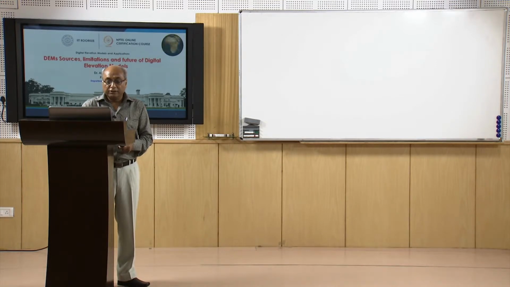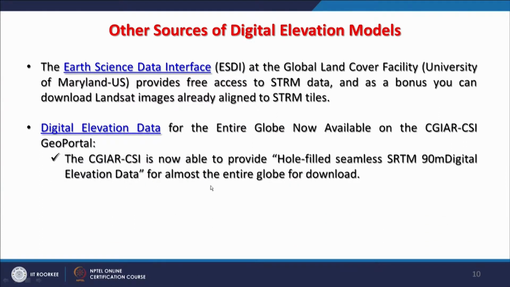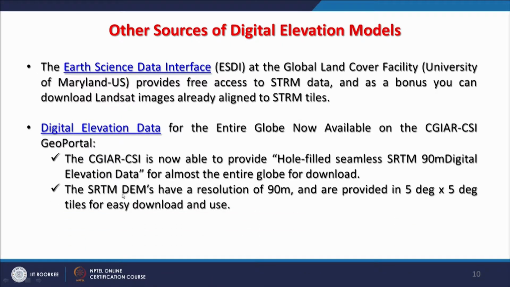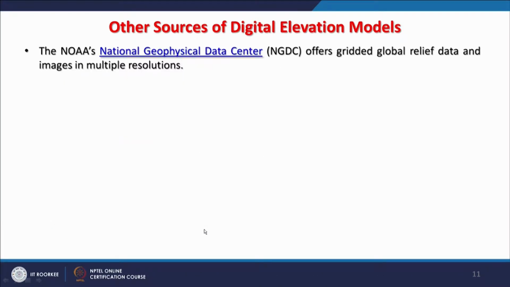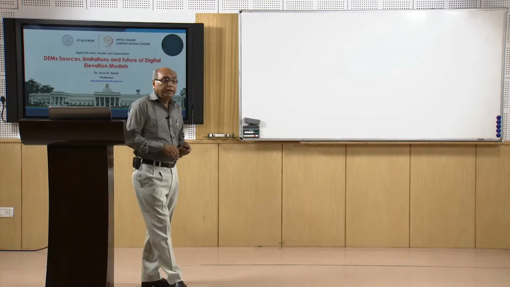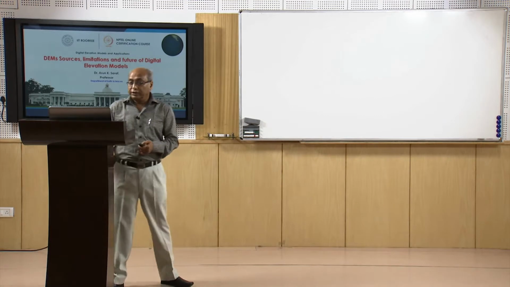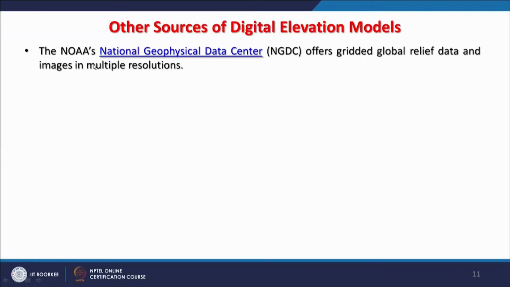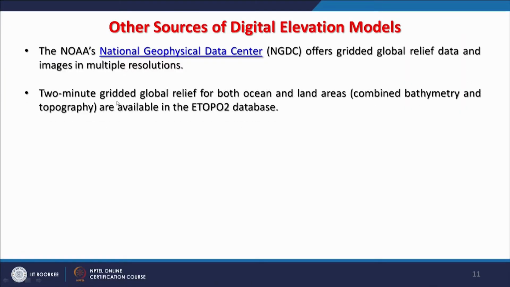There is another digital elevation data source, the CGIAR CSI Geoportal, which also provides global data, and SRTM data is available for the entire globe, at 90 meter in 5 degree by 5 degree tiles, and also 30 meter in 1 degree by 1 degree tiles. There are some other sources like the National Geophysical Data Center, NGDC of the US, where digital elevation models of multiple resolutions can be downloaded.